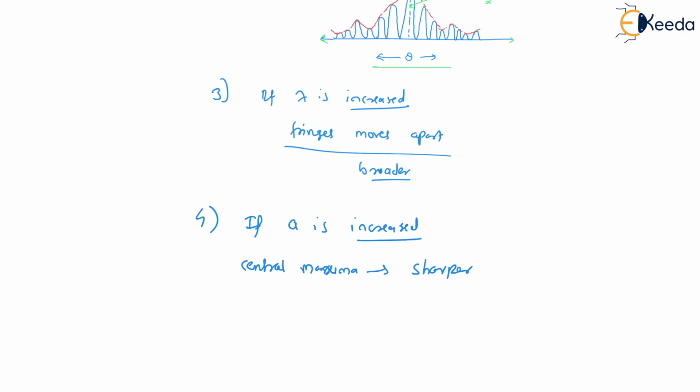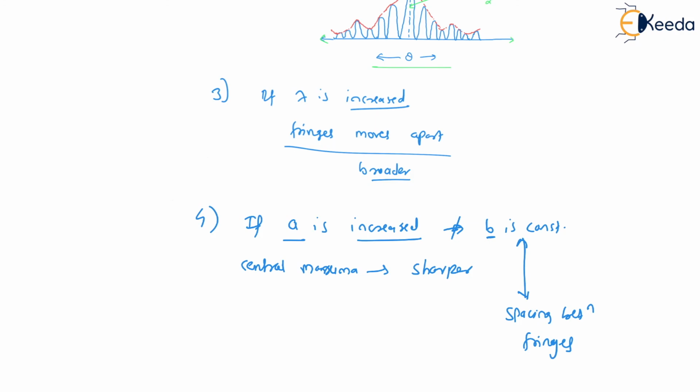Then the fringe spacing, or the space between the fringes, will not change. Why? Because here we have changed a and this b is constant. Always remember, the spacing between fringes depends on this b, that is the separation of slits.